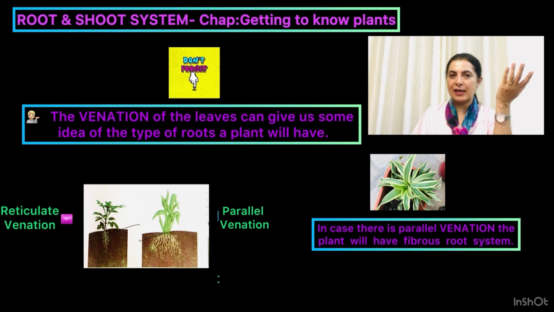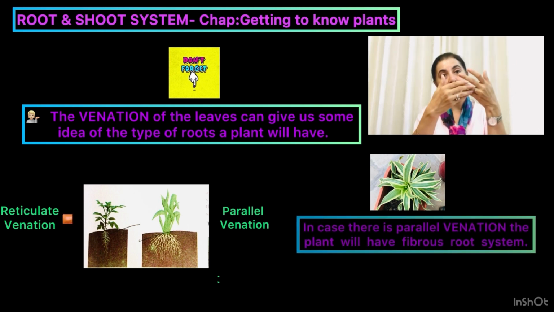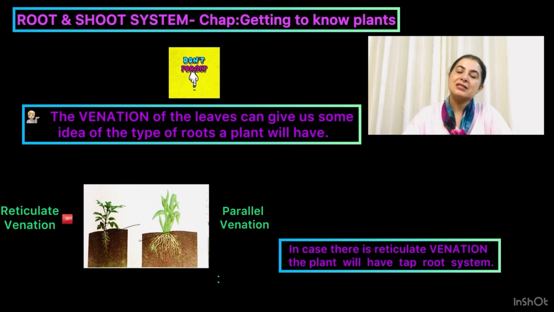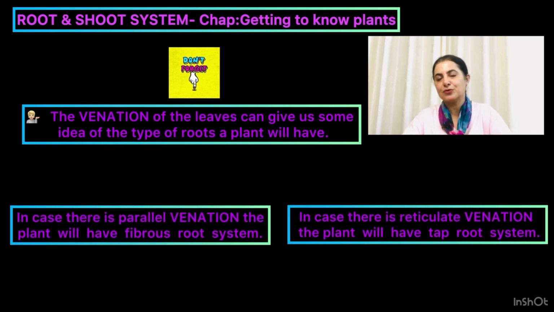Same way on the other hand, in case there is a reticulate venation in which there are a group of the veins which are forming a network or they are forming a mesh, in that case the roots are comparatively lighter and lesser. So it is a taproot in that case. So this is how we remember which plant will have a taproot and a fibrous root.